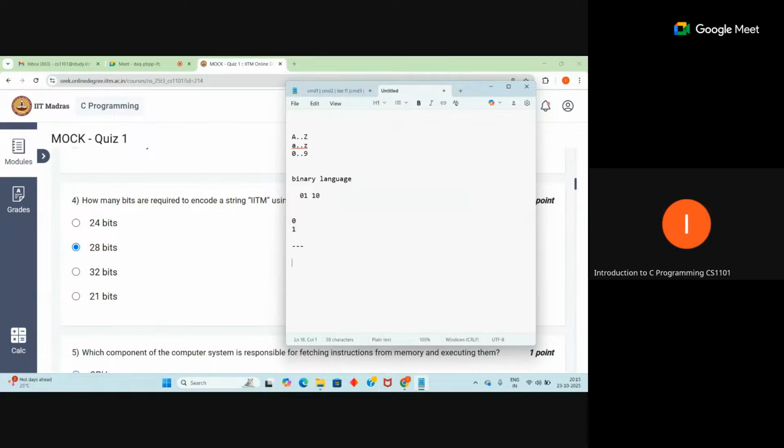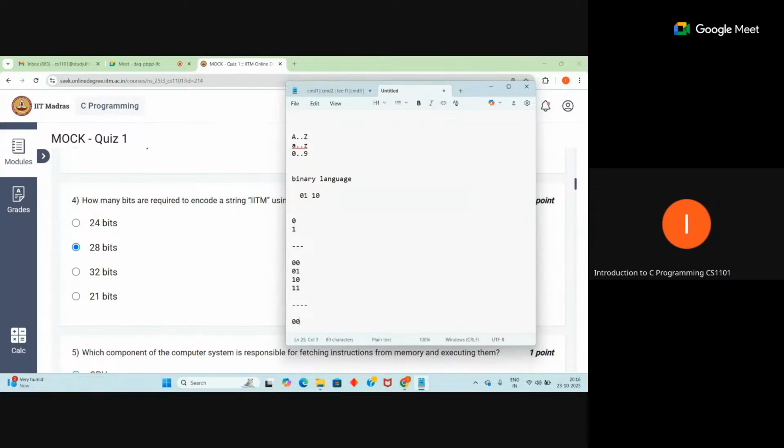If we take two bits, 00, 01, 10, 11, four different values it can represent.